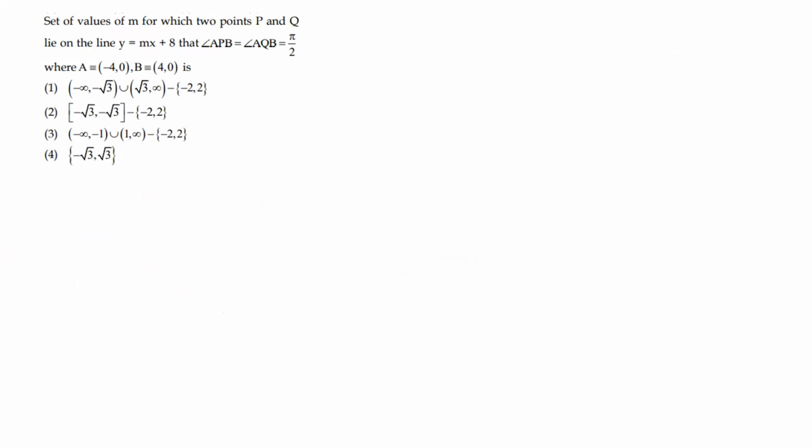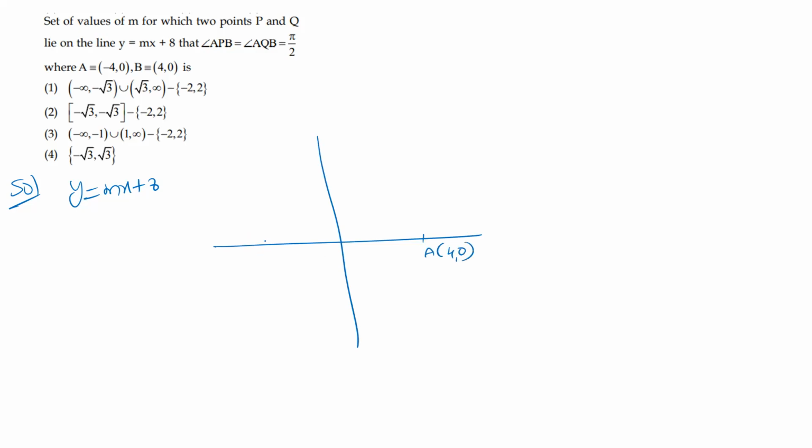Next, 19. Find the values of m for which the two points P and Q lie on the line y is equal to mx plus 8, such that angle APB equals angle AQB equals pi by 2. A and B are the two points given. Now, for example, I am taking A as 4, 0 and B as minus 4, 0.